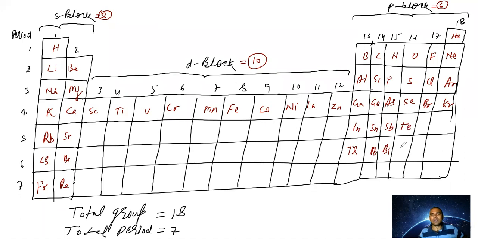Oxygen, sulfur, selenium, tellurium, and polonium. Fluorine, chlorine, bromine, iodine, and astatine. Helium, neon, argon, krypton, xenon, and radon. So these many elements are there.